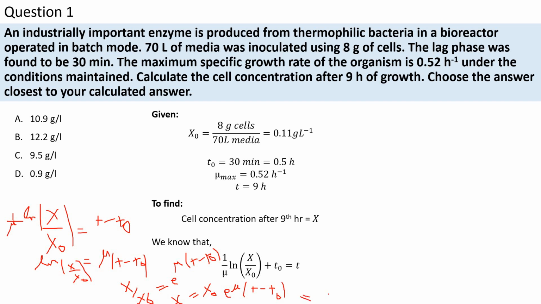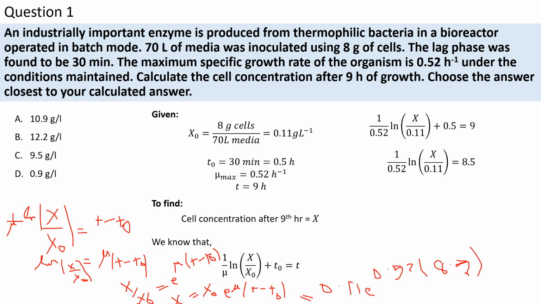We know that it is 0.11 gram per liter, e power your mu is 0.52 per hour, and then t minus t naught will be 9 minus 0.5, which is 8.5, right?